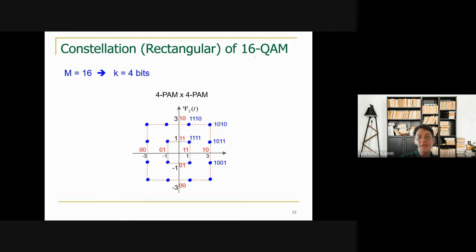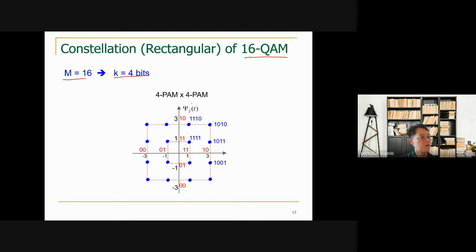For example, 16 QAM, with k equal to 4 bits. Last time we also talked about gray coding. Do you remember what gray coding is? Anyone? Does anyone remember?